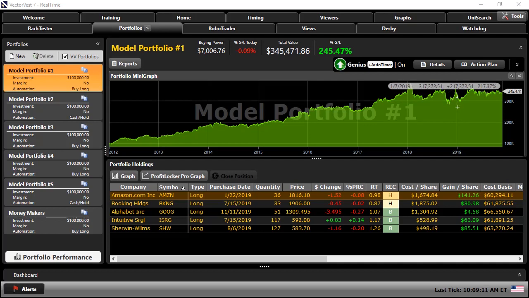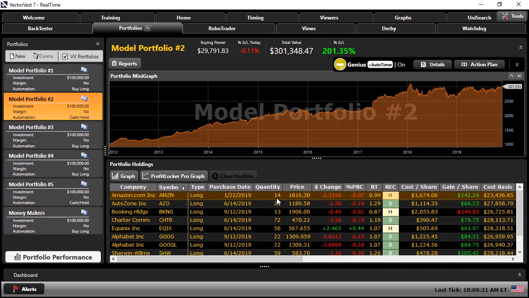So this portfolio is up off of its lows from the beginning of 2019, although its equity curve has flattened for the balance of the year. Portfolio number 2 has fared a little bit better after the pullback, has continued to rise off of those lows, and is continuing to rise currently.